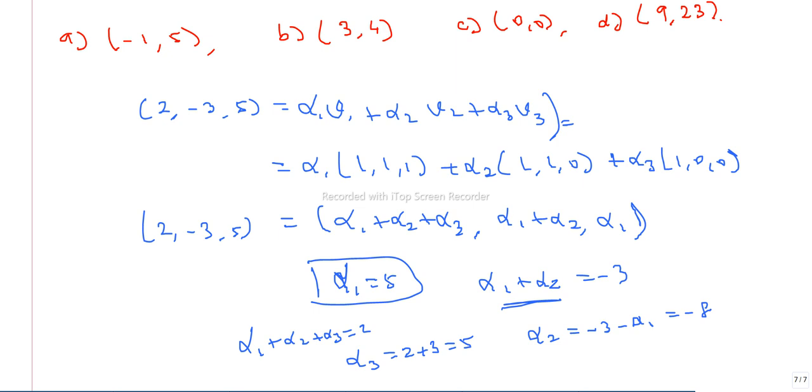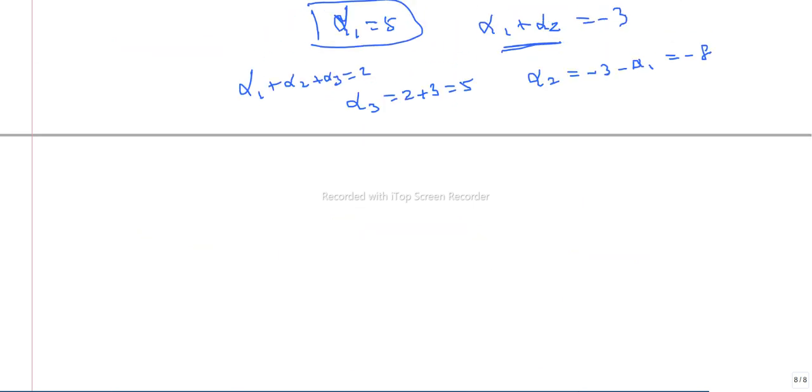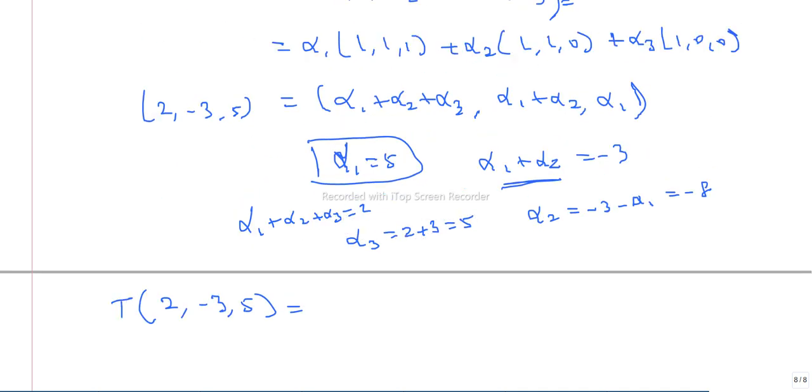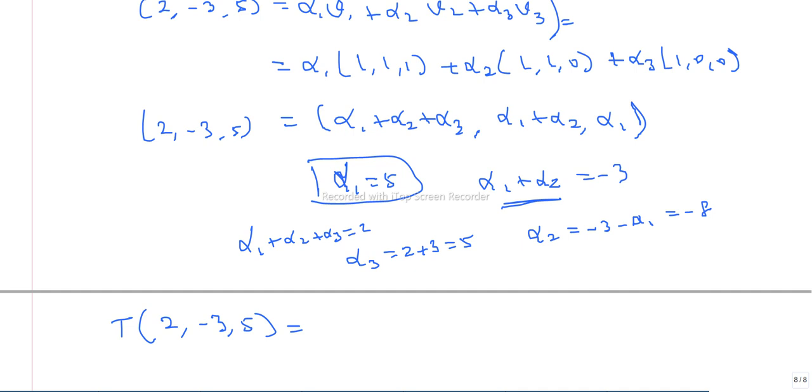So if you now apply T both sides, because we need T of this vector. Therefore T of the vector 2 comma minus 3 comma 5 should be, since T is a linear transformation, the scalars come outside. So alpha 1 is 5, therefore 5 times T of V1, alpha 2 is minus 8, T of V2, and then 5 times T of V3.